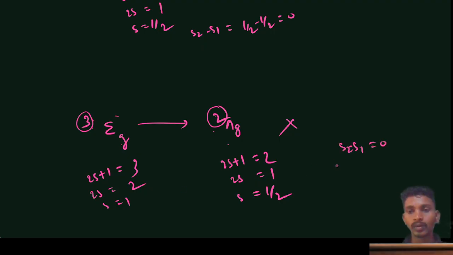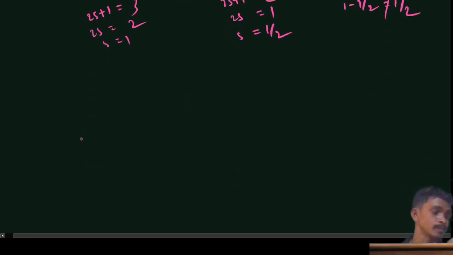Here 1 minus half is going to be half, so this is not equal to 0, so this is not an allowed transition. So Laporte is fine, but spin is forbidden, and G to G is also forbidden, because G to G is not allowed, U to G is allowed. So here also there is a problem.